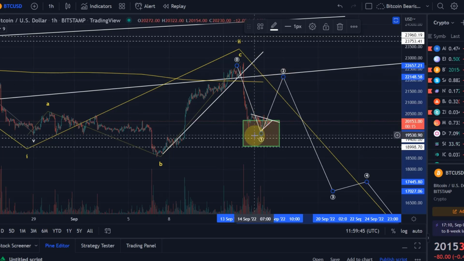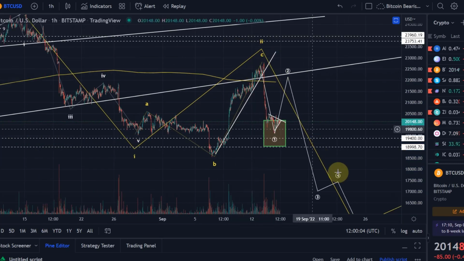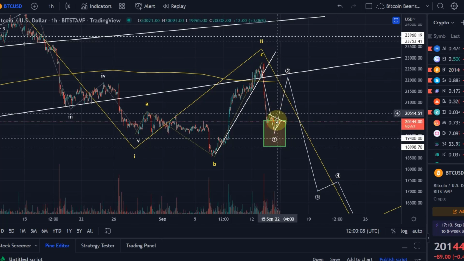So for the bullish scenario to play out, which would mean we can actually make higher highs from here, we need to hold the $19,400 level and break above 22,100. Unless we do this, I will assume that we are in this yellow wave count and that we will come down further. But also in this scenario, we would be expecting obviously a wave 2 retracement to the upside fairly soon. And that's my view about Bitcoin.